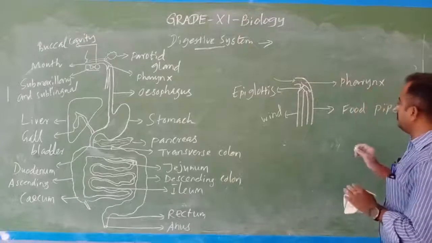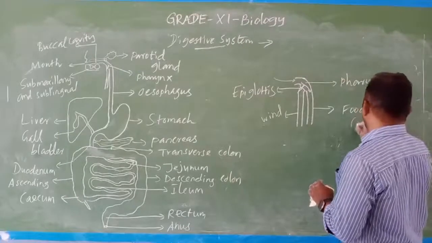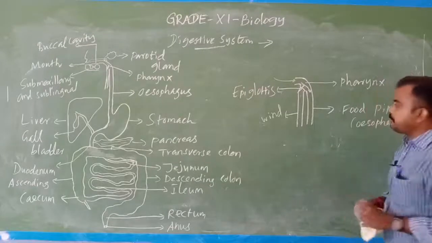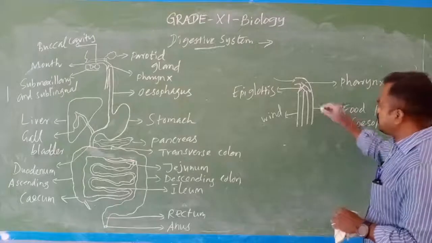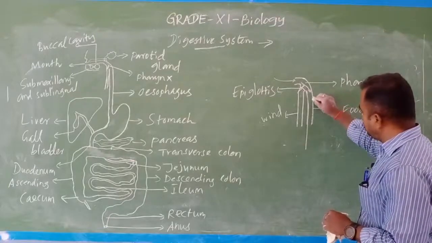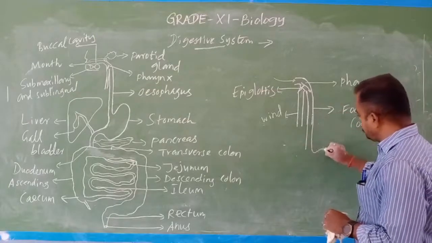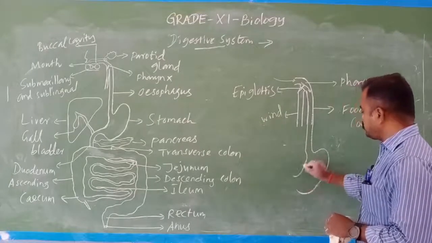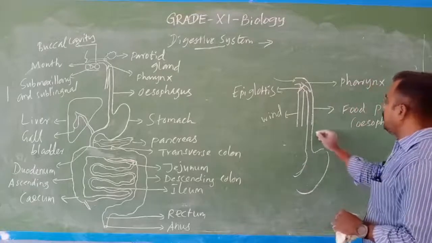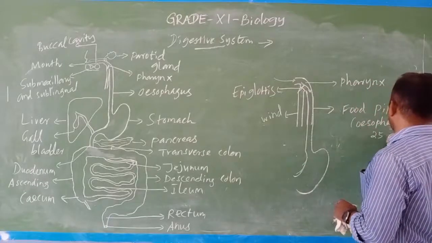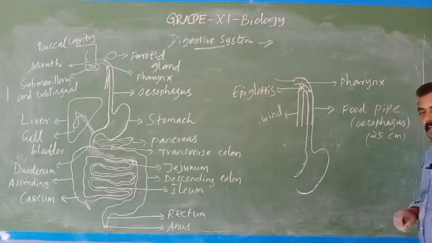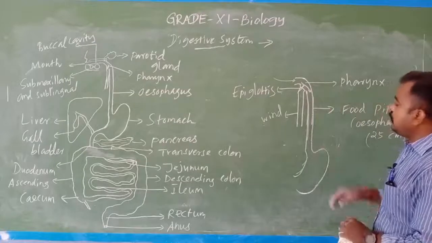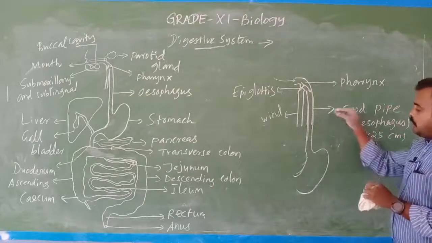The next one, esophagus, that means the food pipe. The esophagus leads to the stomach. Its length is about 25 centimeters.